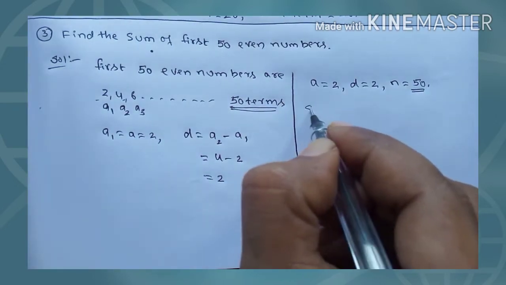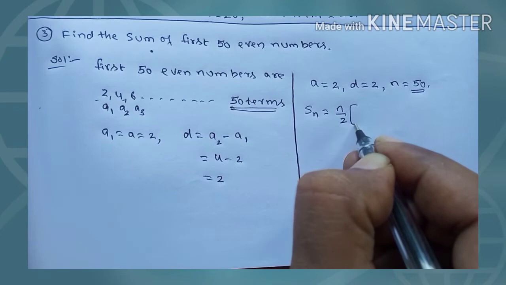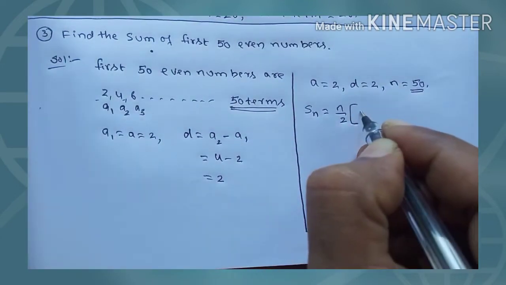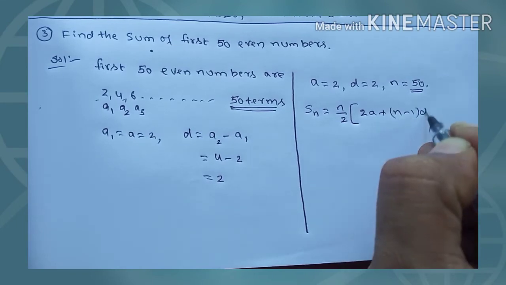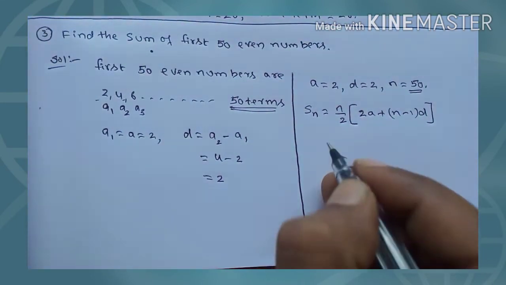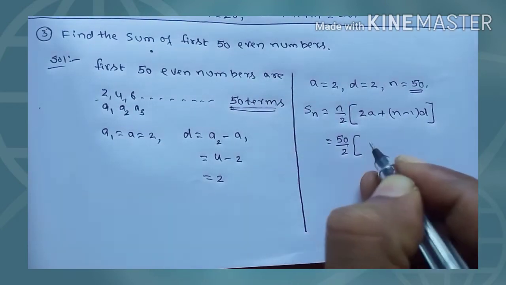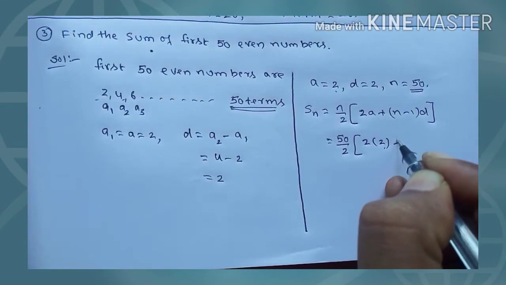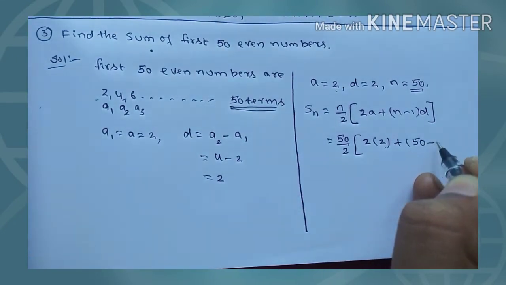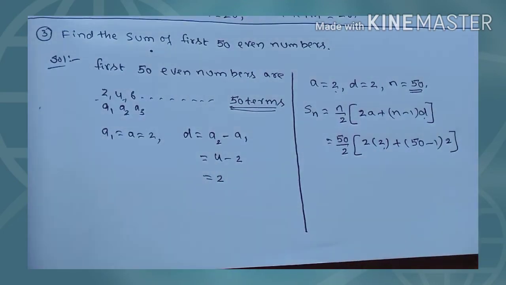So we have to use the Sn formula. Sn is equal to n by 2 into (2a plus (n minus 1) into d). The n value is 50, so 50 by 2 into (2 into the a value 2, plus (the n value 50 minus 1) into the d value 2).